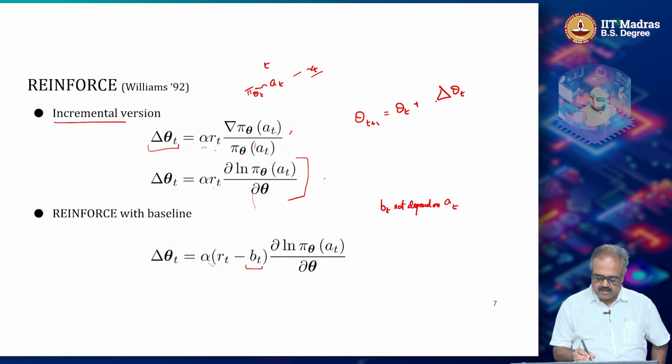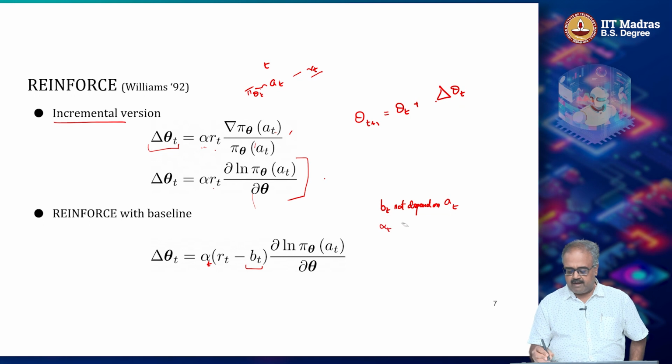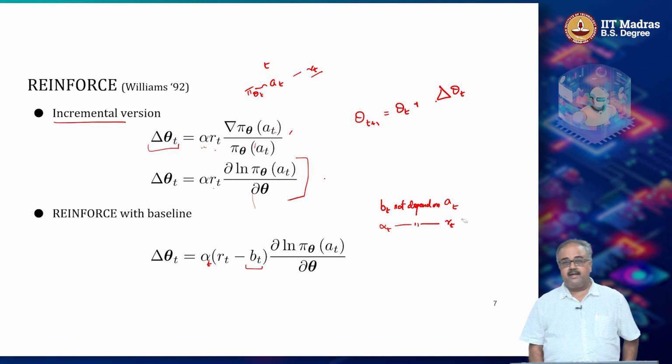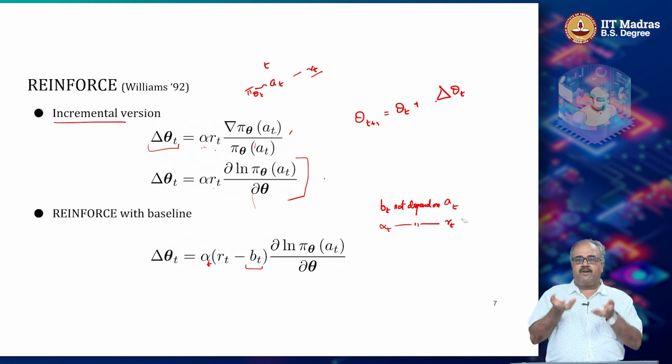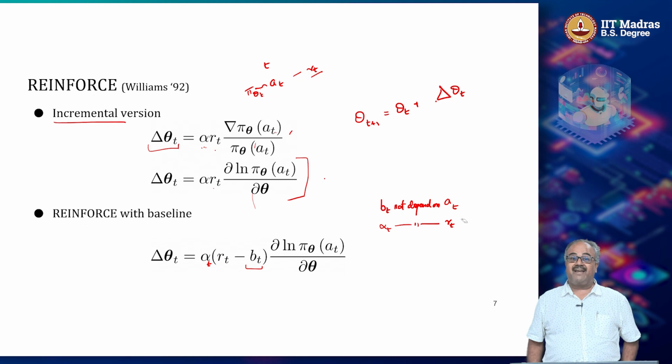And likewise, I can also have my learning rate change with time. So my alpha T should not depend on RT, right? So if I have a high reward, I shouldn't use a high learning rate. If I have a low reward, I use a low learning rate. That means I'll be introducing bias, right?